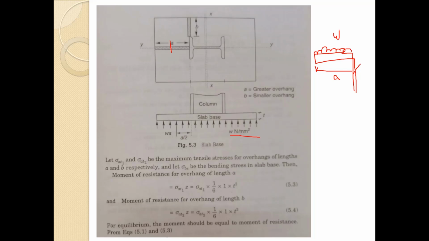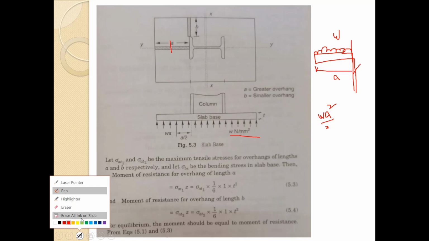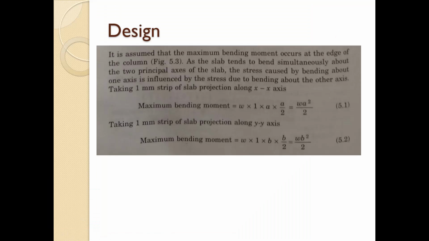So the bending moment here is W into A square divided by 2, by the cantilever formula.